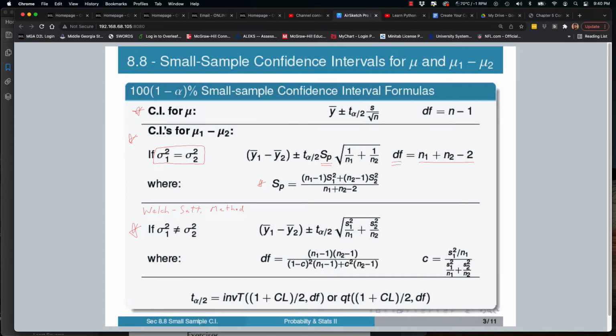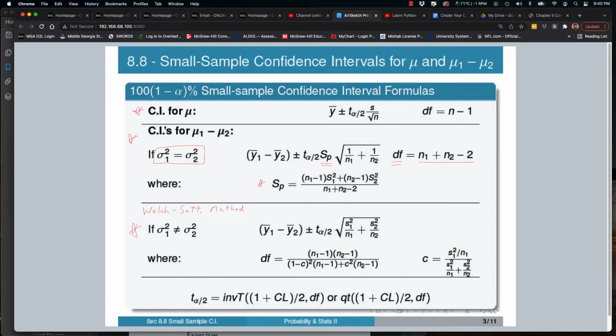The Welch-Satterthwaite method just uses a specialized degrees of freedom formula, at least technology uses this, and we'll use it in this class, where it's just the average of the two sample standard deviations divided by their individual sample sizes.